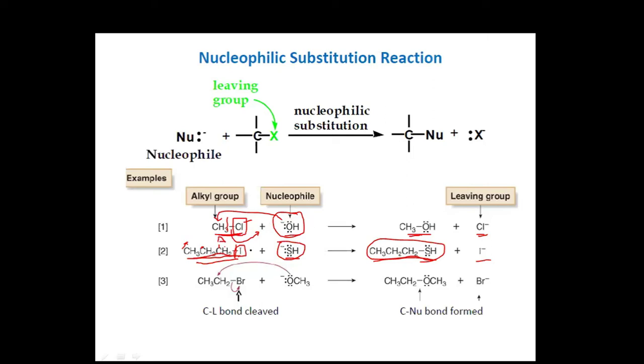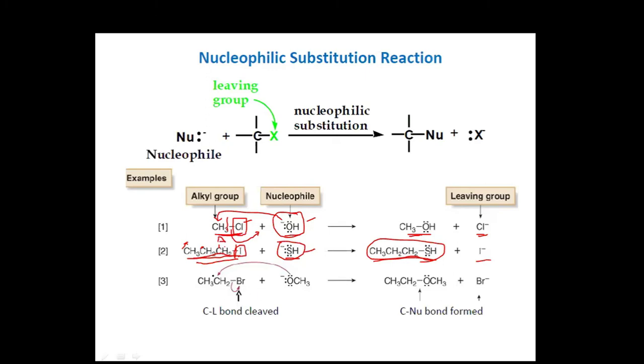In the second case, we used an alkyl halide again, but instead of the chloro substituent we used the iodo substituent, and instead of OH minus we used the SH minus nucleophile. The reaction occurs in a similar fashion. SH minus attacks the carbon carrying the iodo leaving group, iodo leaves out as iodide, and you will get propane thiol.